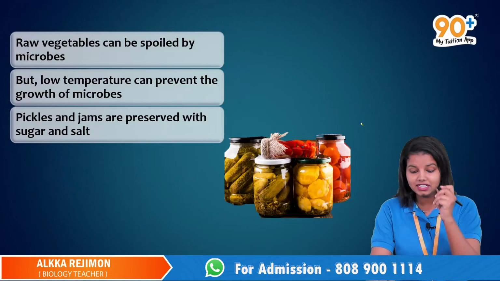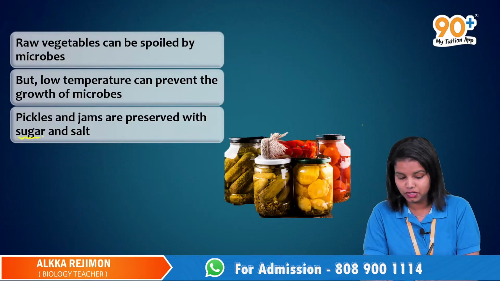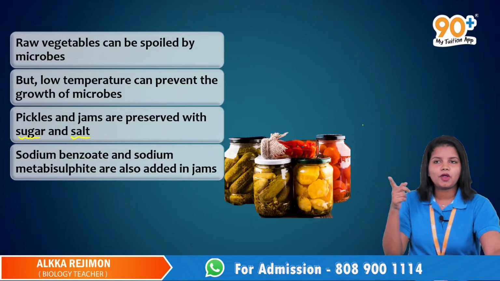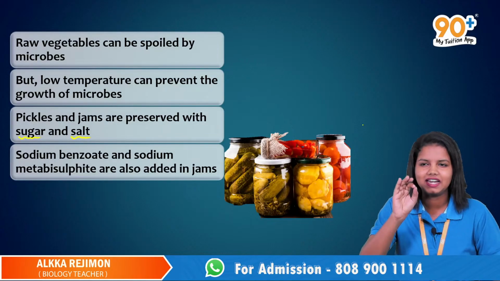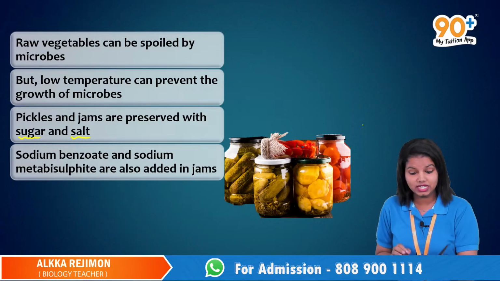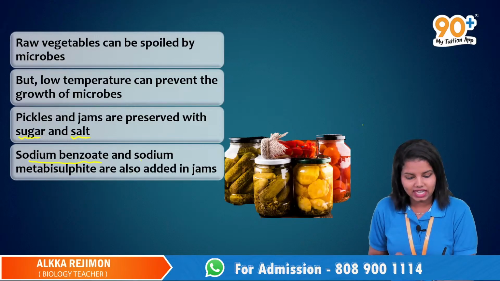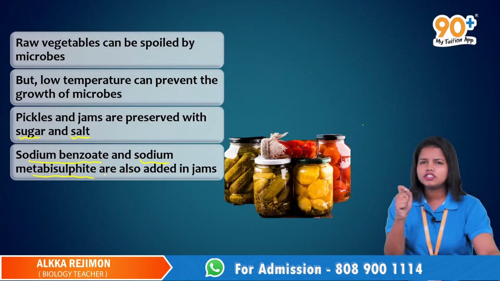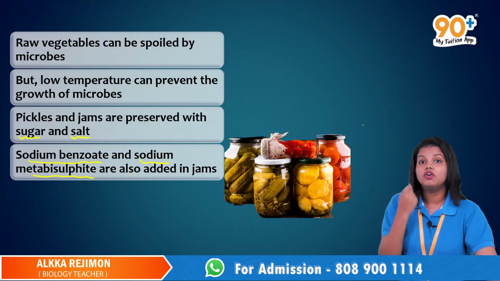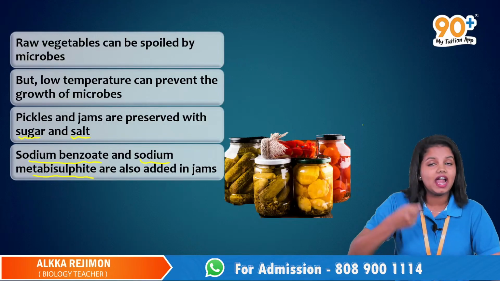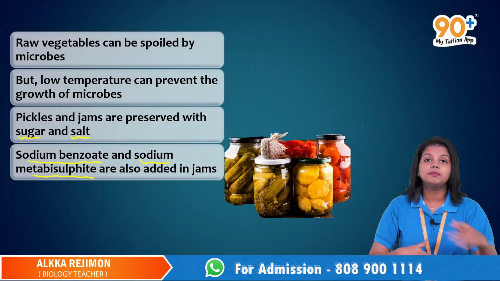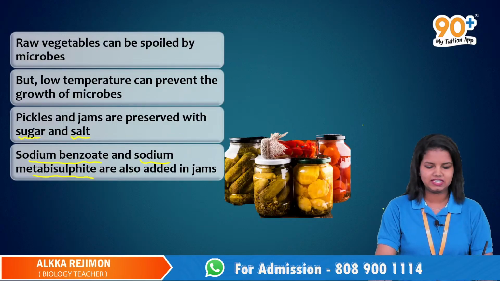Yes, the pickles and jams can be preserved using common salt, sugar, and if you remember properly, we have specifically studied these chemicals, sodium benzoate and sodium metabisulfite. Yes, these are certain preservatives added to the jams to prevent them from getting spoiled.